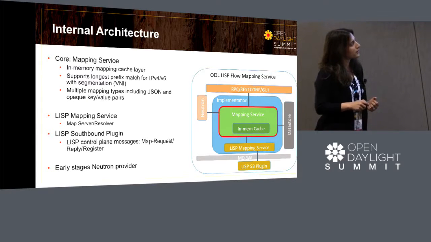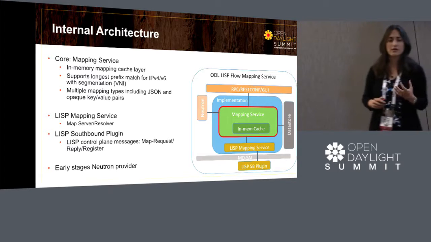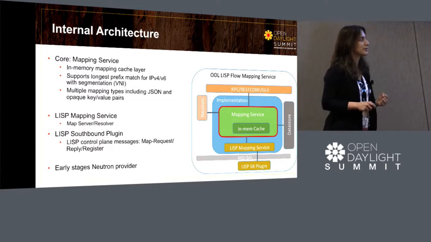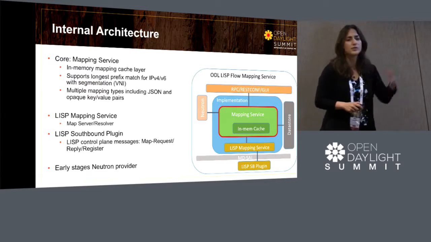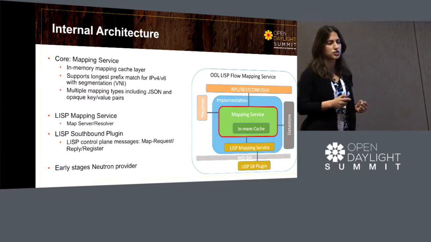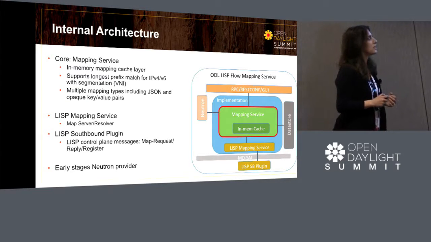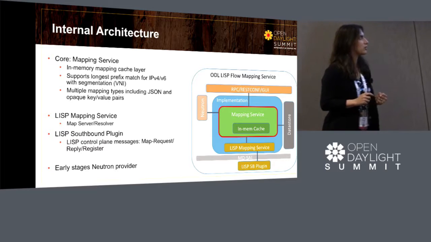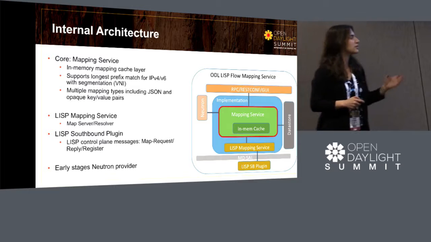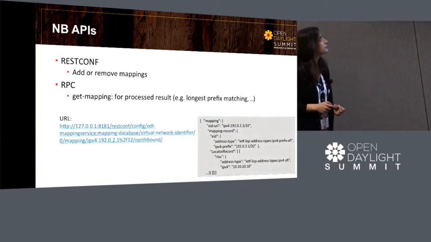But the core of the mapping service is really generic and independent of the protocols that are used for looking it up. So we have the LISP Southbound plugin and the LISP mapping service API to look that up using the LISP protocol, but you can look it up via, as I said, other services or define other mappings through other services independent of the protocol that you want to use. And of course, we have some early stages of Neutron support and the northbound API.